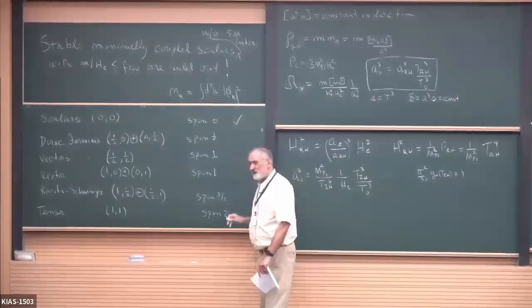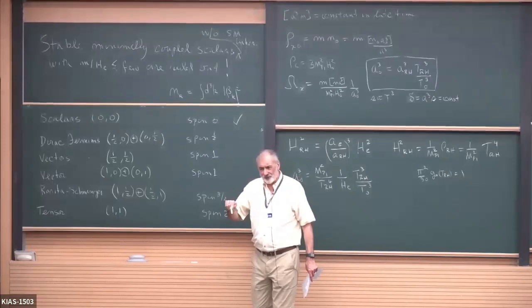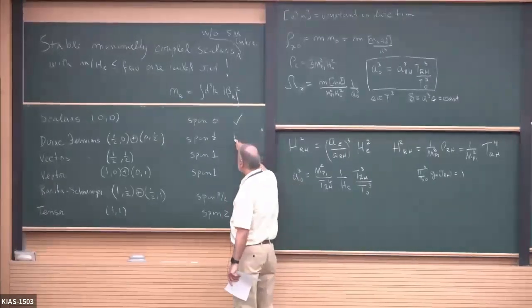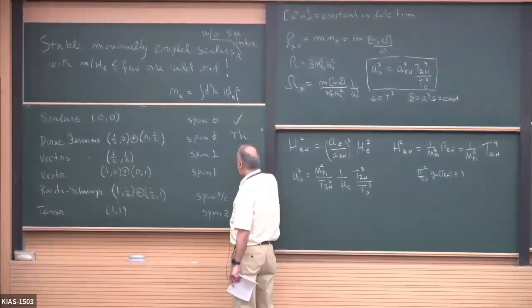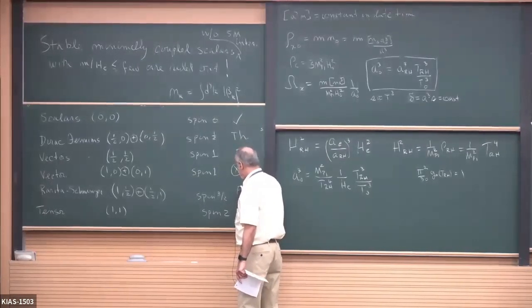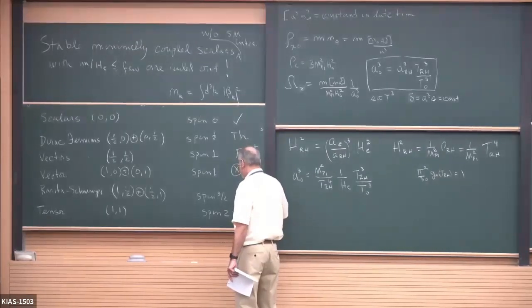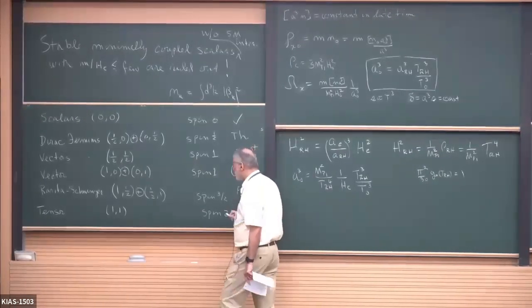So today's Thursday? Not in Chicago, but here it's Thursday, right? So on Friday I will do this. I will not do this. I will do this on Friday morning, Friday first lecture, and do this in the second lecture on Friday.